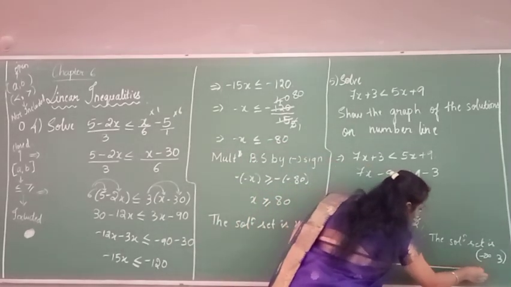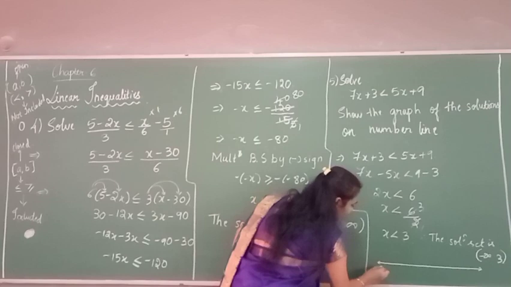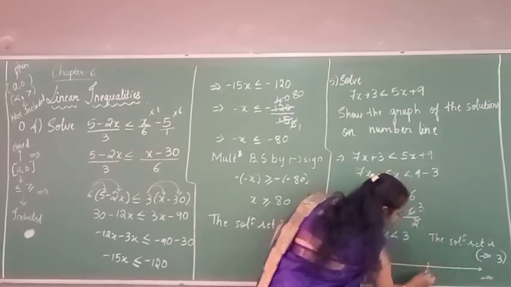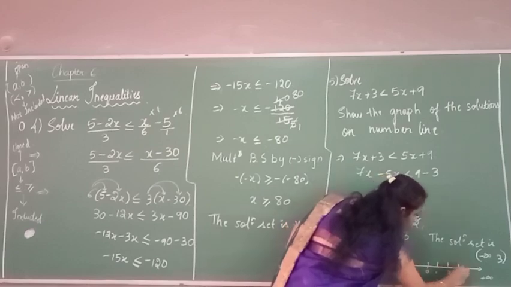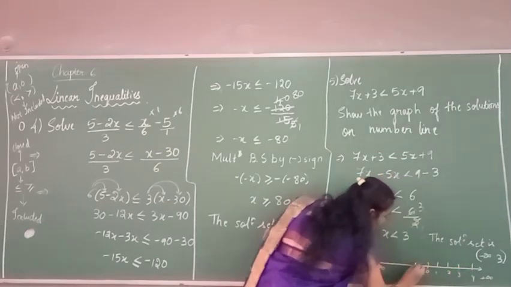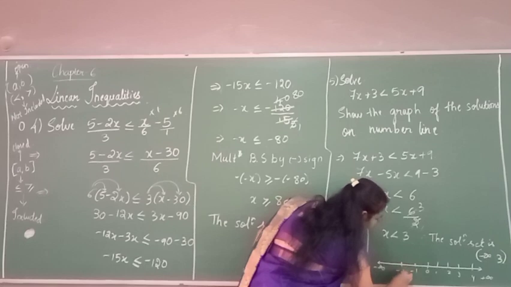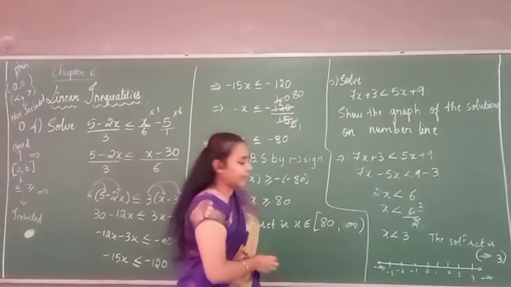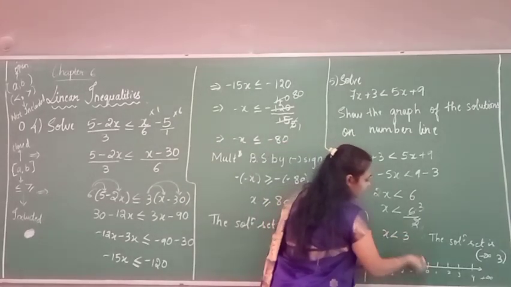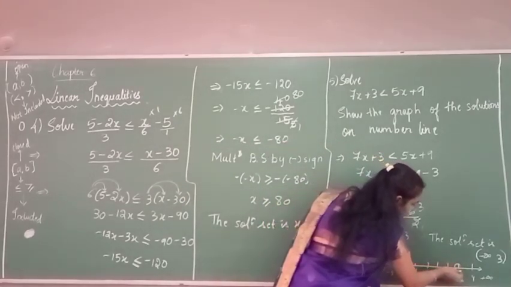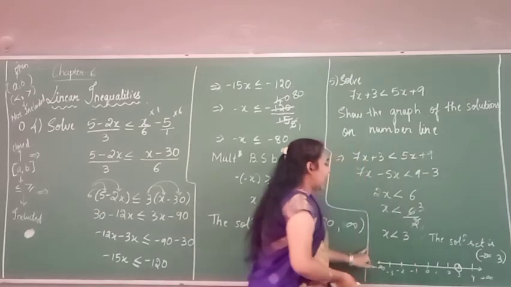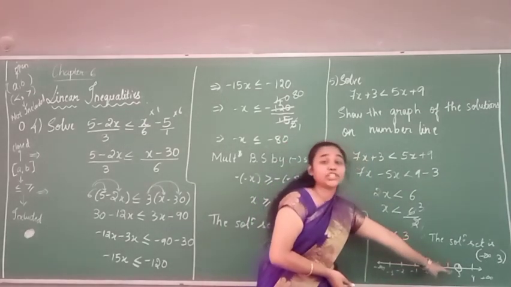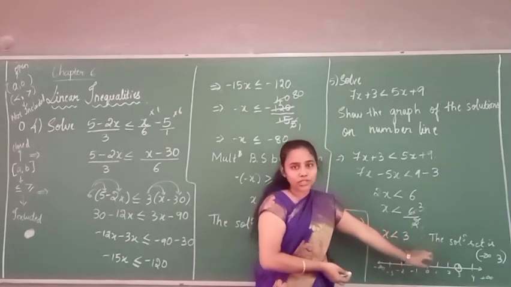So how are we going to draw the graph? A simple number line: minus infinity, plus infinity, 0, 1, 2, 3, 4, minus 1, minus 2, minus 3 and so on. Is it clear? So here it is 3, which is nothing but a whole number. As I already told, when it is less than or greater than, you will not be shading that circle. Why should we not shade that circle?